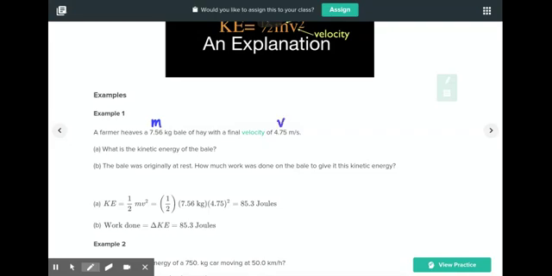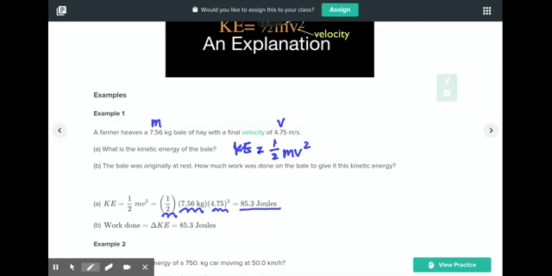This is velocity, right? What is the kinetic energy? Write your formula, KE equals half mv squared. Plug it in, right? Half mv squared is that.